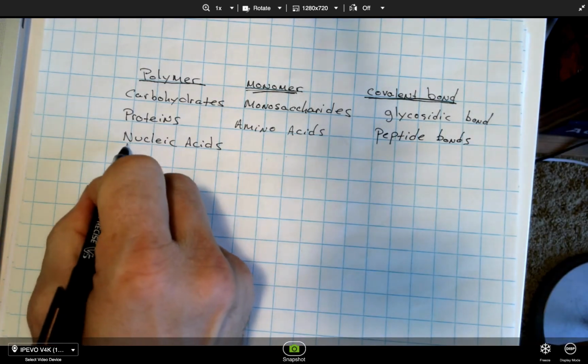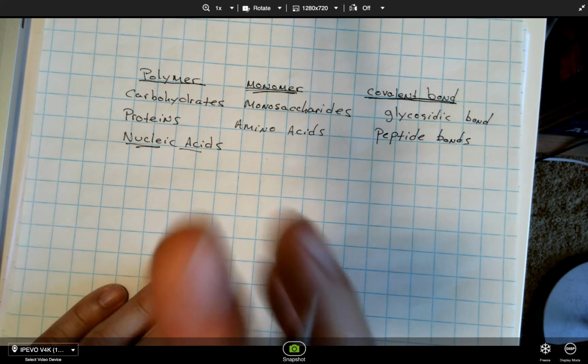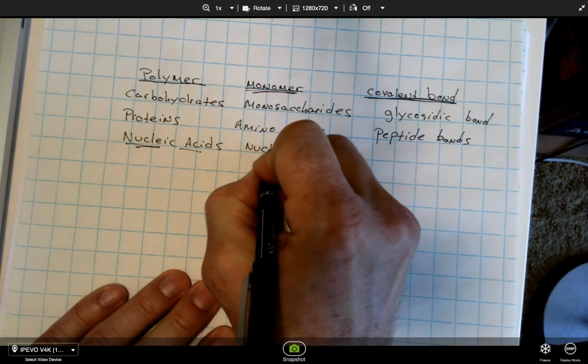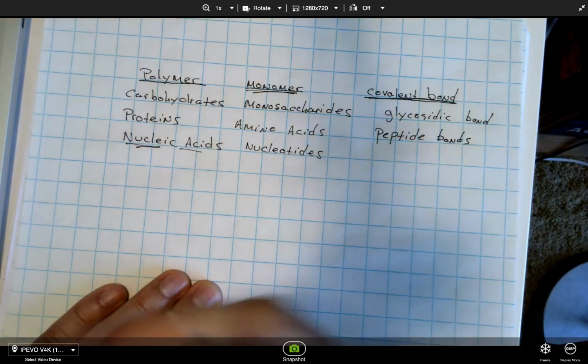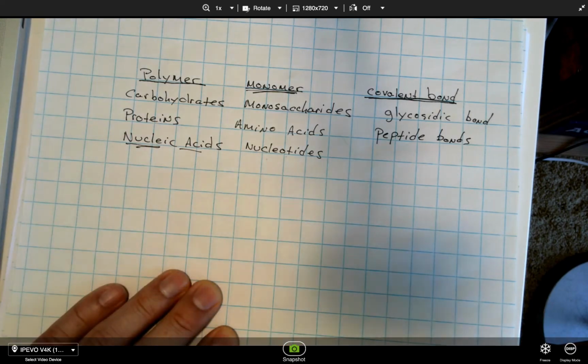And finally, nucleic acids, right? That's going to be your DNA and your RNA. And the monomer of nucleic acids are called nucleotides. That's your adenine, your guanine, cytosine, thymine, right? Your A's and G's and C's and T's.